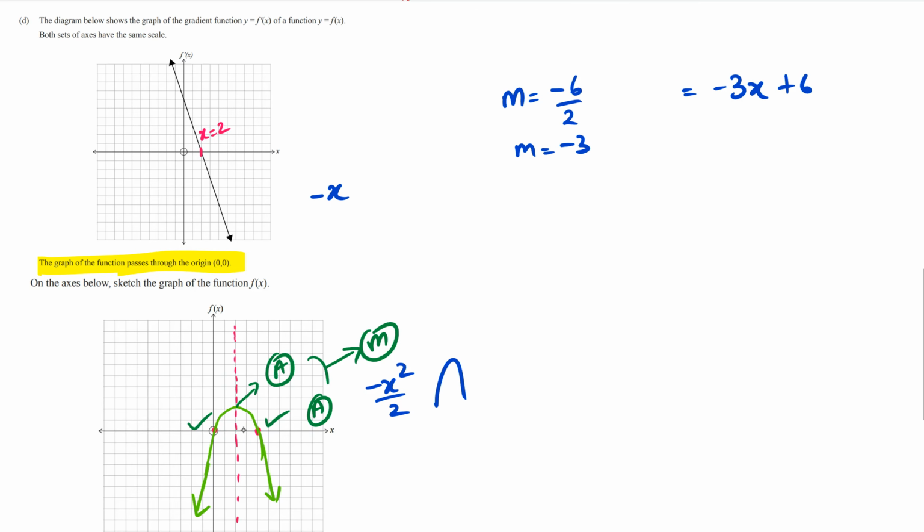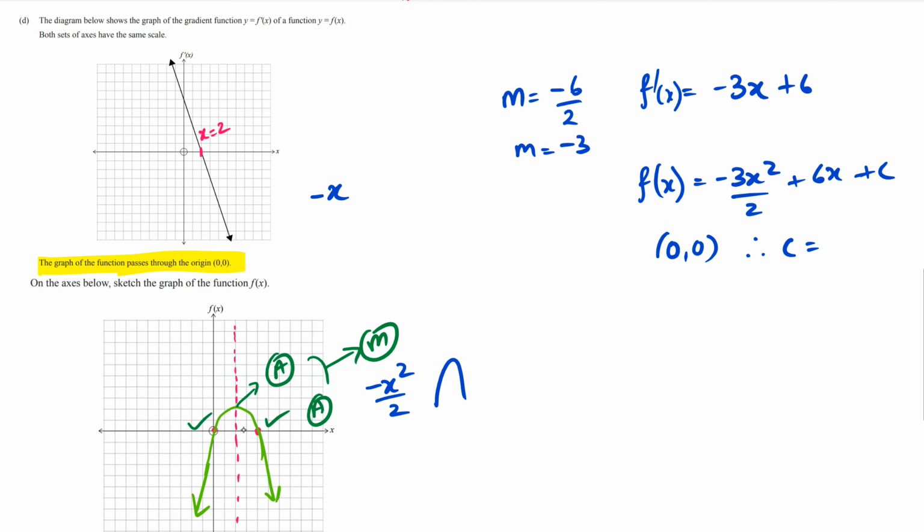Now that this is the gradient function, it's f dash of x. So if I integrate this, f of x, I'm going to get negative 3x squared over 2 plus 6x plus c. And because this graph is going through 0, 0, we can say that therefore c is equal to 0, and then f of x is equal to negative 1.5x squared plus 6x.